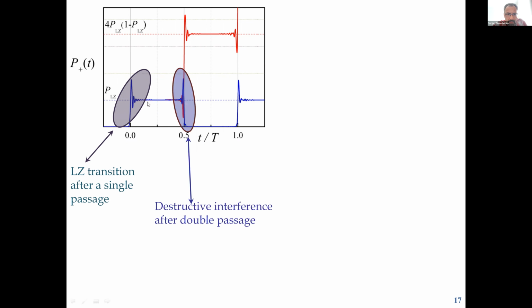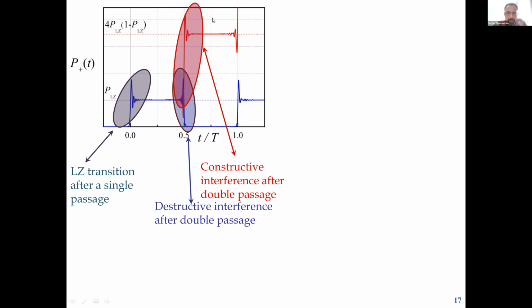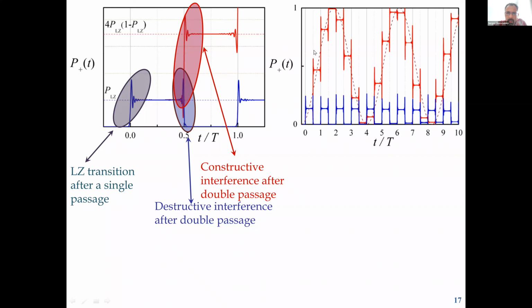And after the second time the energy levels meet, like in the Mach-Zehnder interferometer, the resulting occupation probability can be either reduced to 0 if the interference is destructive, or excited in the constructive fashion. If we do this during many periods, the constructive interference results in the full transition to the upper excited state and backward.